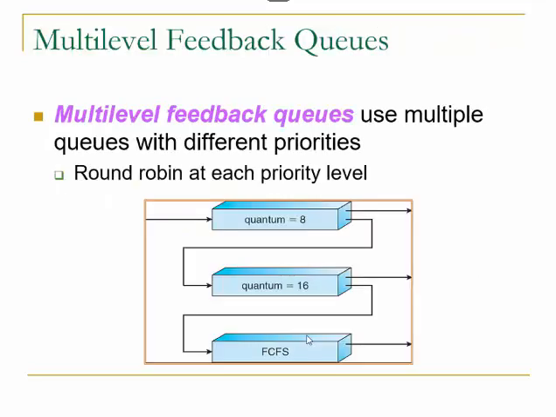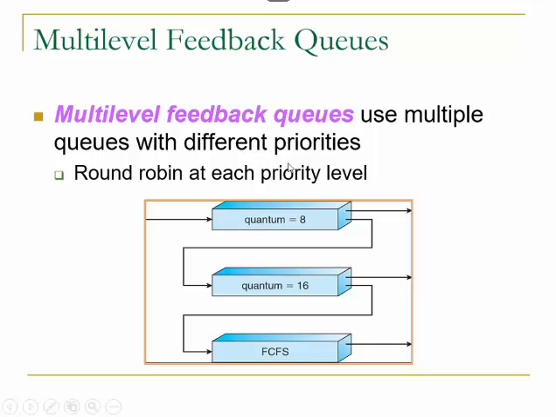The next is multi-level feedback queue scheduling. In this scheduling, there are multiple levels of queues based on time quantum, and processes are fed back between them. So as you can see, this uses multiple queues with different priorities and different time quantums.